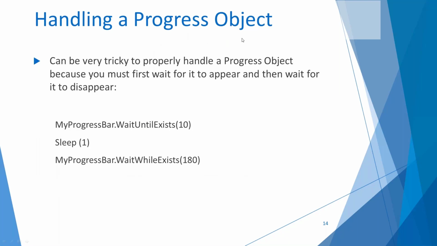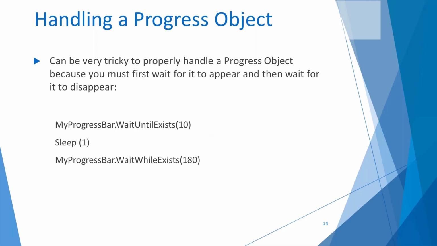Now I'm going to talk about a tricky thing. This actually happened the other day with a customer. This is a situation where you've got a progress bar. It's going to pop up on your application, and then it's going to sit there for a while while your application is doing something.